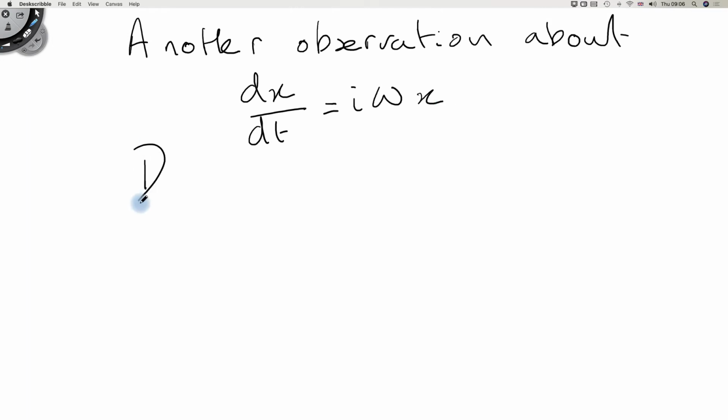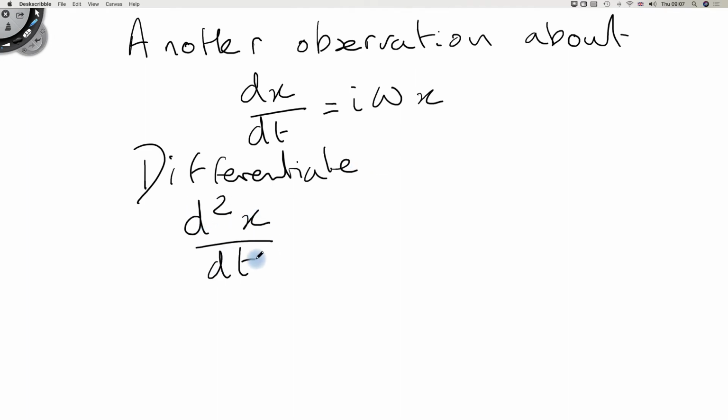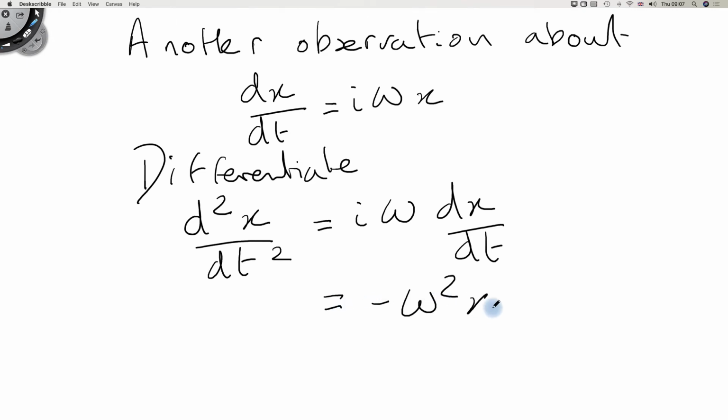If we differentiate it again, we get d2x by dt squared equals I omega, which is a constant, times dx by dt. But of course we can then substitute again dx by dt into there. That gives us minus omega squared x.